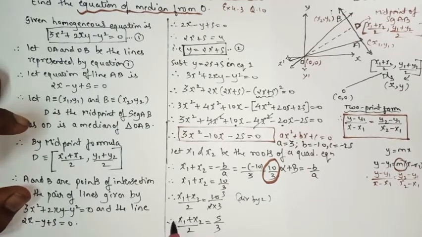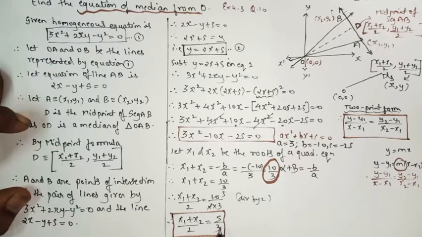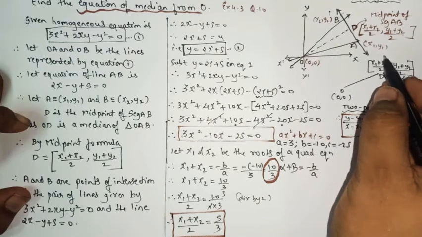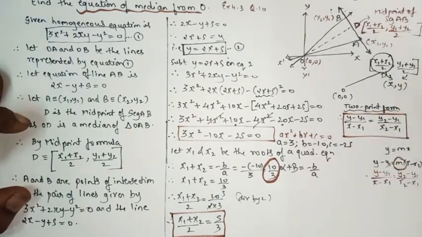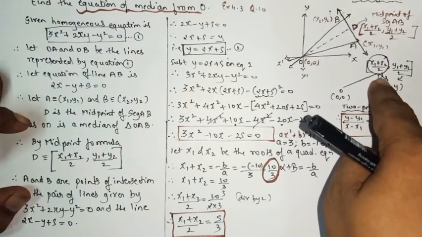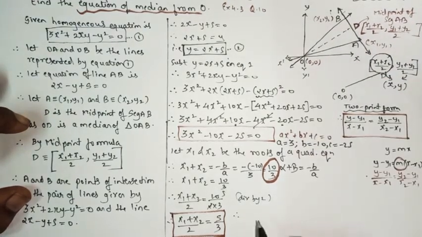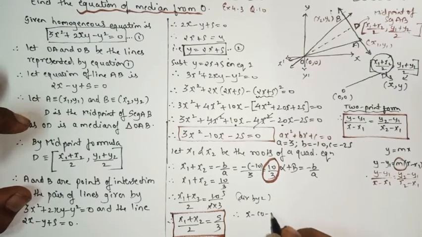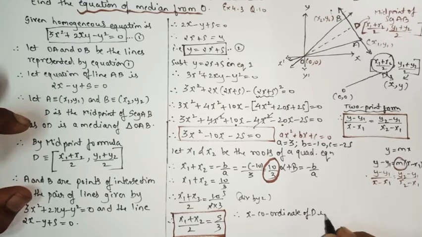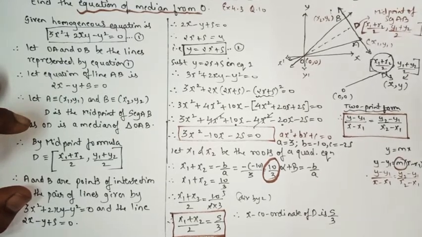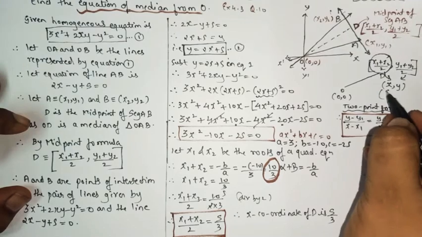So x1 plus x2 upon 2, actually it is the x coordinate of D, yes or no? So you will write, x coordinate of D is 5 by 3.